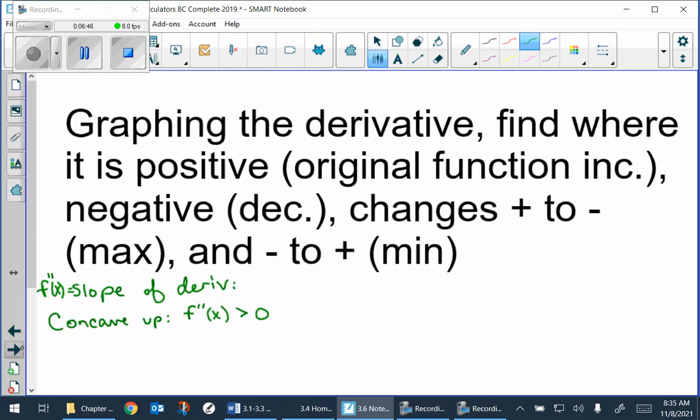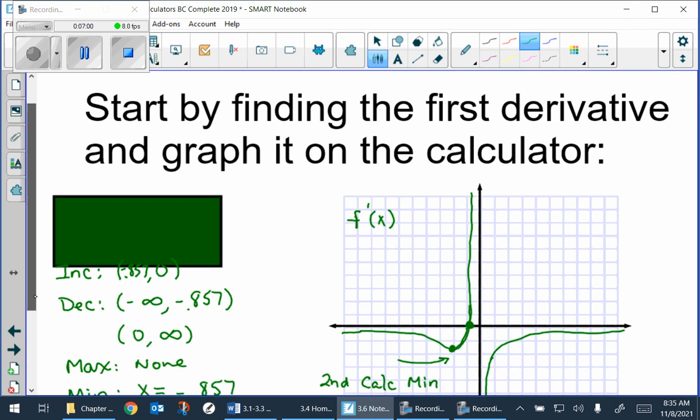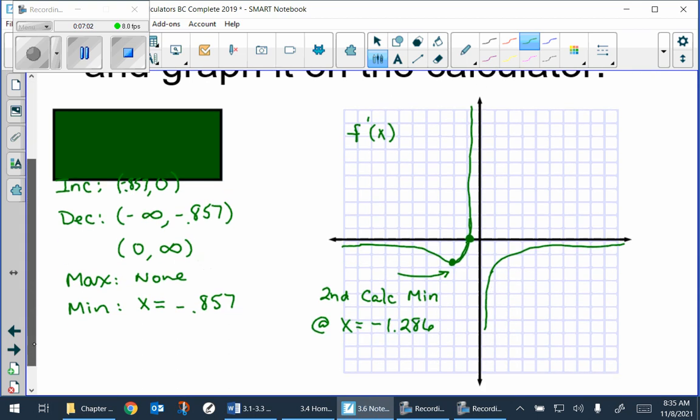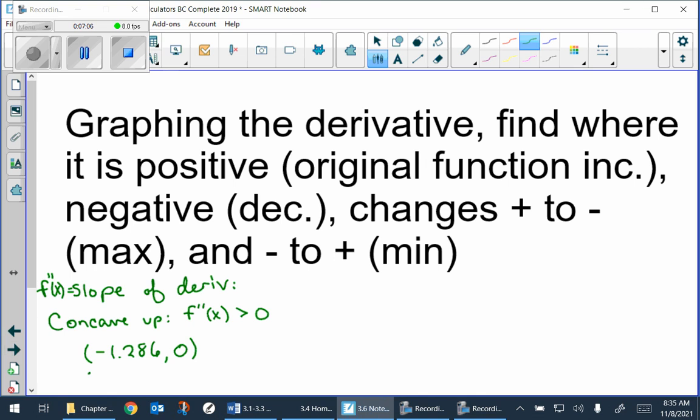All right, so I'm going to say we are concave up from negative 1.286 to 0. Are there any other places where the slope of the derivative, or the second derivative, appeared to be positive? Looks like from 0 to infinity too, doesn't it? All right. Now what about concave down?